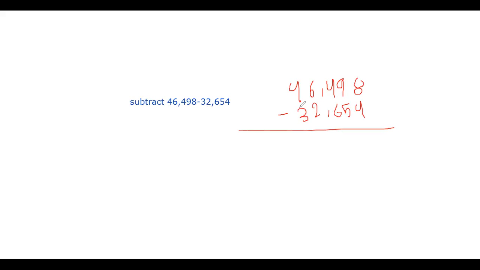Wait, Khalid, I will see you. Now we start subtracting. Instead of adding, now I will subtract. So 8 minus 4 equals 4. 9 minus 5 equals also 4. Now 4 minus 6, that can't be done. So what I will do, I will lend 1 from the 6.